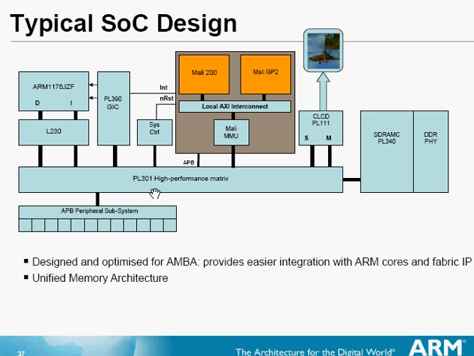If you see this PL301 high performance matrix, this PL301 is a primary cell peripheral licensable from ARM that provides low latency, high bandwidth interconnect between multiple bus masters, slaves and memory, and supports all AMBA protocols, whether it's AHB, APB or AXI.